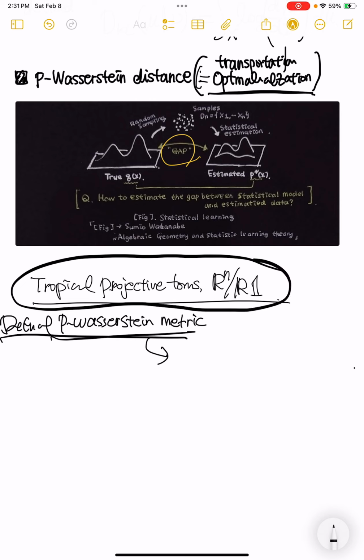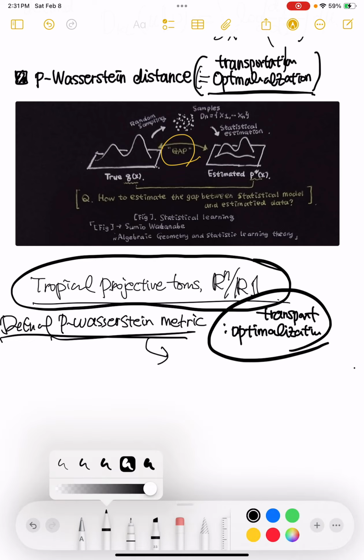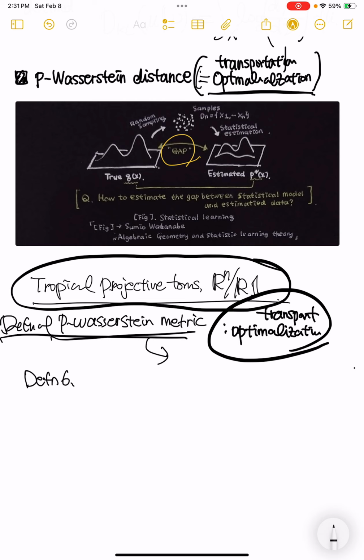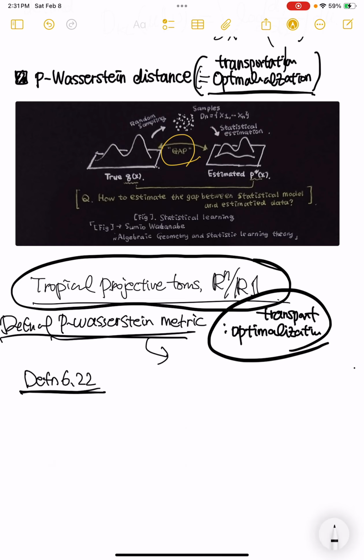If we consider this concept, we can understand the tropical p-Wasserstein metric in the sense of transport optimization. Even if I introduce the definition, it is so abstract. Let's go ahead.